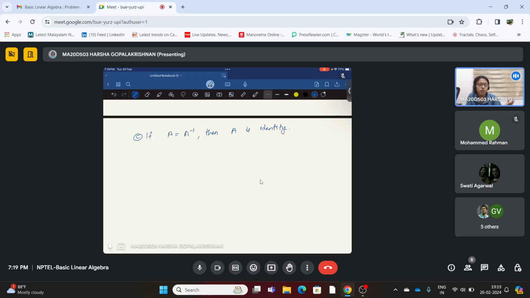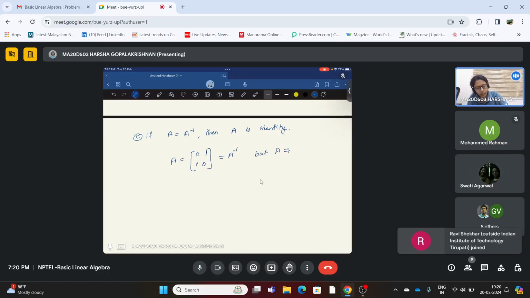In the first example, we got that if A equals A inverse, determinant A can be plus 1 or minus 1, and we found an example with minus 1. In that case, A is obviously not identity. So what was that example? A equal to 0 1 1 0. That is the same as A inverse, but A is not identity. So it is a false statement.